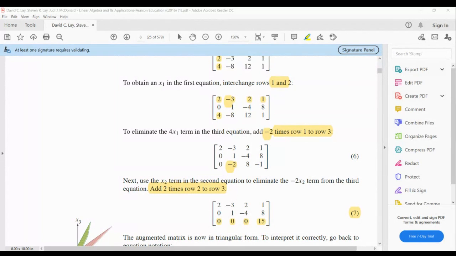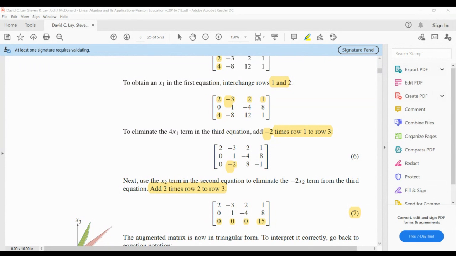But the question is, are there values for x1, x2, and x3 that would satisfy the third equation? No, because 0 times x1 plus 0 times x2 plus 0 times x3 can never equal 15, no matter what x1, x2, and x3 are.